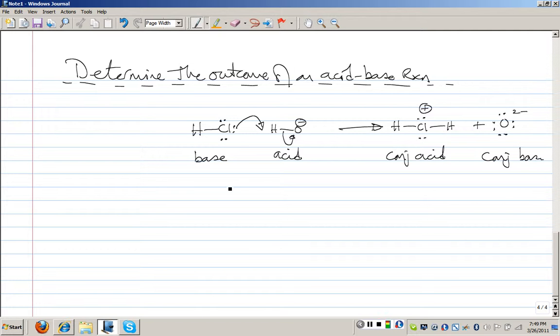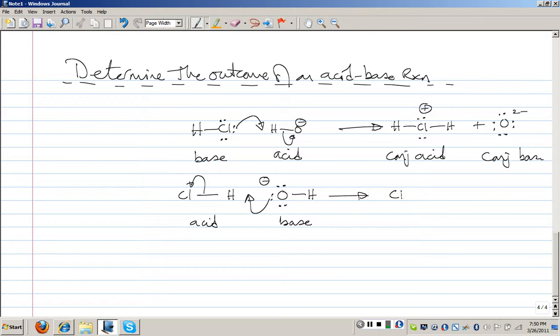Well, there's another option, and the other option is, well, maybe the hydroxide, which actually has lone pairs and a negative charge to boot, might actually function as the base in this reaction. In other words, the HCl acts as the acid, the hydroxide acts as the base, which is another alternative, and what we get would be this reaction.